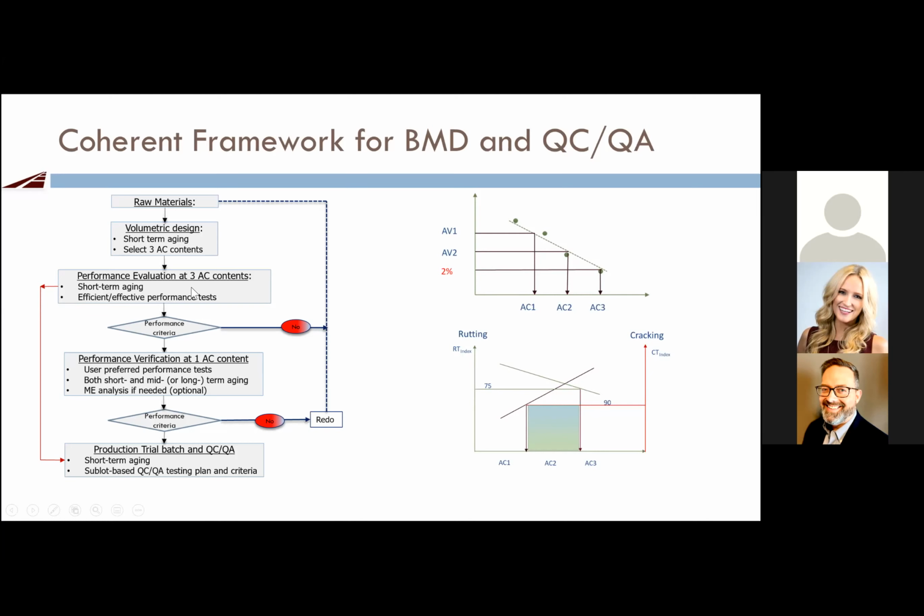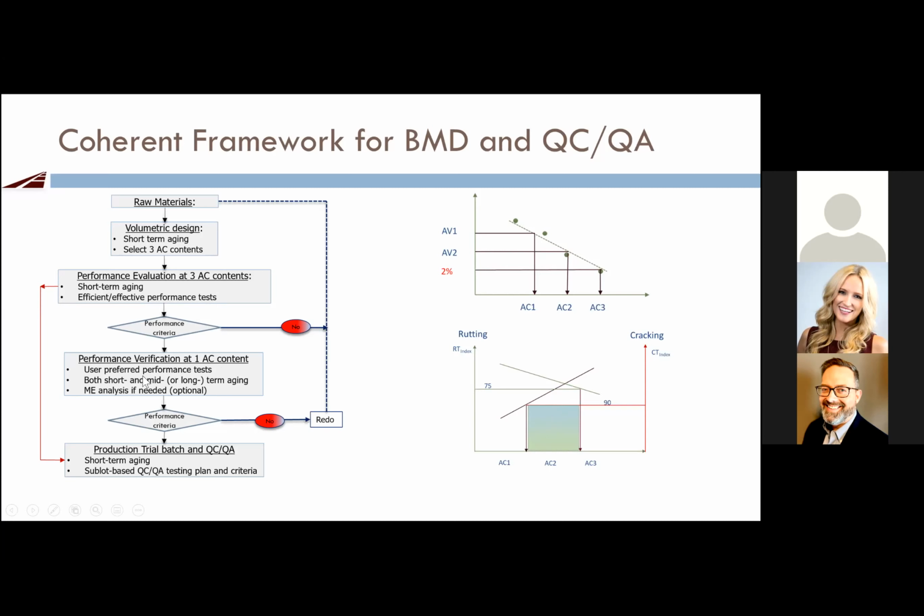Although you could do it, it takes a pretty long time to finish this part. But this performance verification at one asphalt content really lets users use their preferred performance test. If you prefer your Hamburg test, this is a chance to verify your asphalt content. I call it the balanced asphalt content. From this zone, you pick one and further verify it.